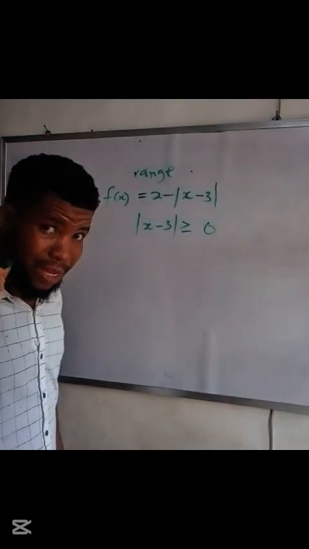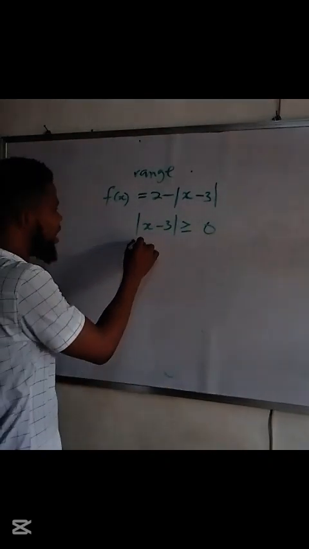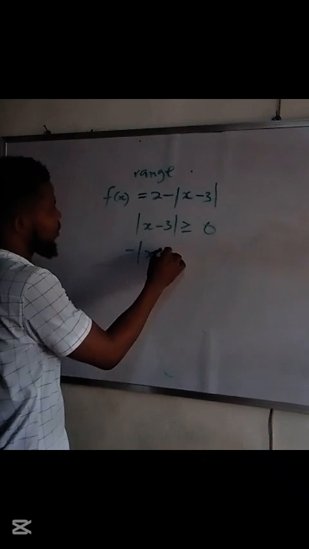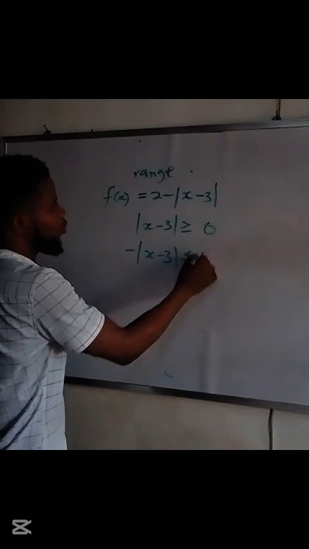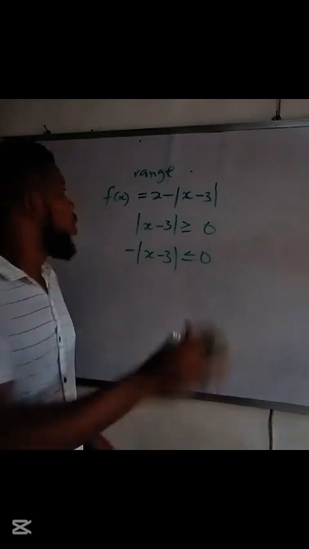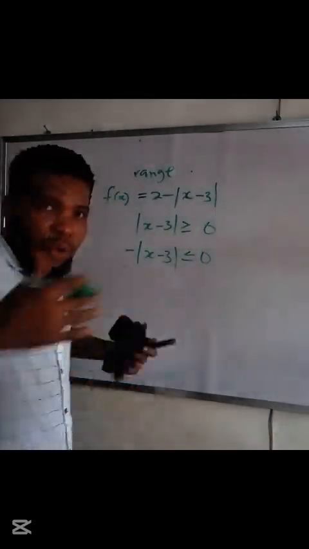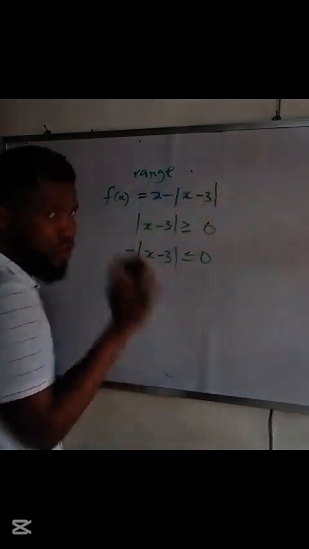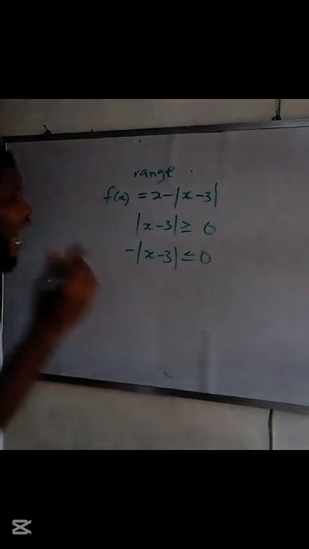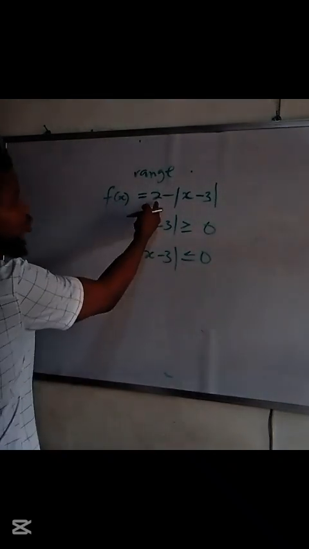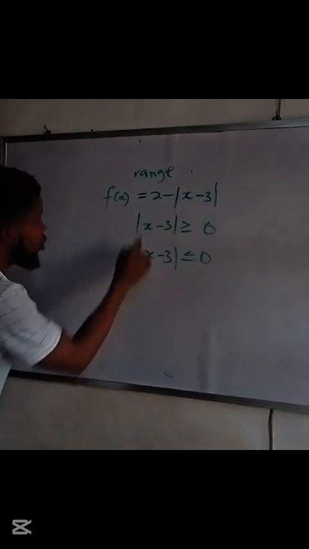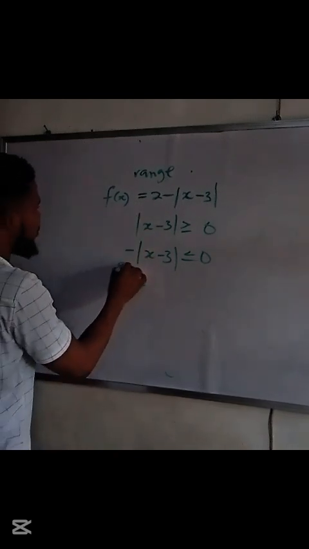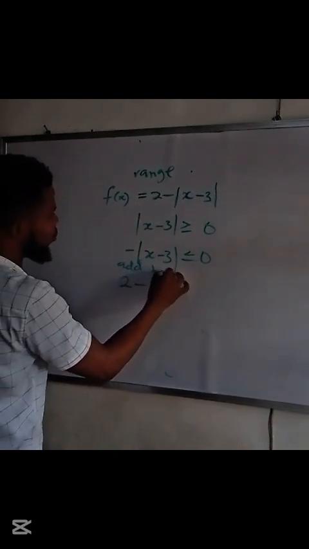If it is negative, it's going to be what? Less than or equal to 0. So any value at all that is absolute, this absolute value will give us. If you add 2 to both sides, the 2 that is here, minus 2, you add 2 to both sides.